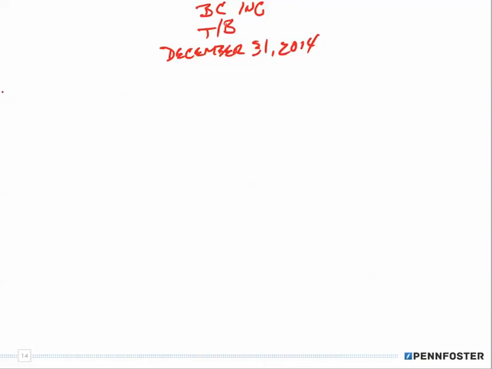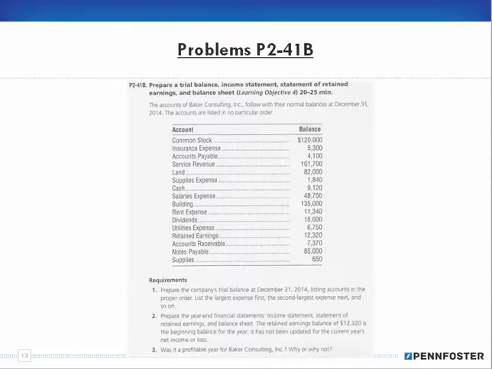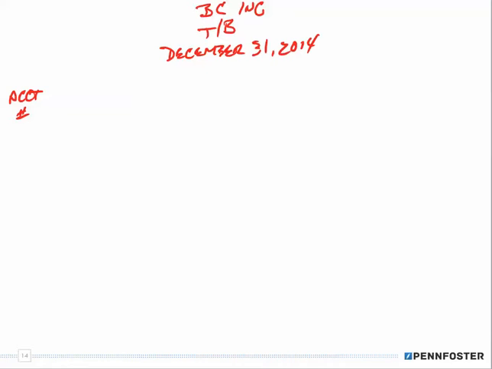Right, so column-wise, remember you can have the account number, and normally I would put the account number, but the solution doesn't have account numbers next to our accounts, so we're not going to be using an account number column. But generally you do have account numbers, and you want to include them on your trial balance, and that saves you the trouble of always going back to your chart of accounts to look things up because it's already there.